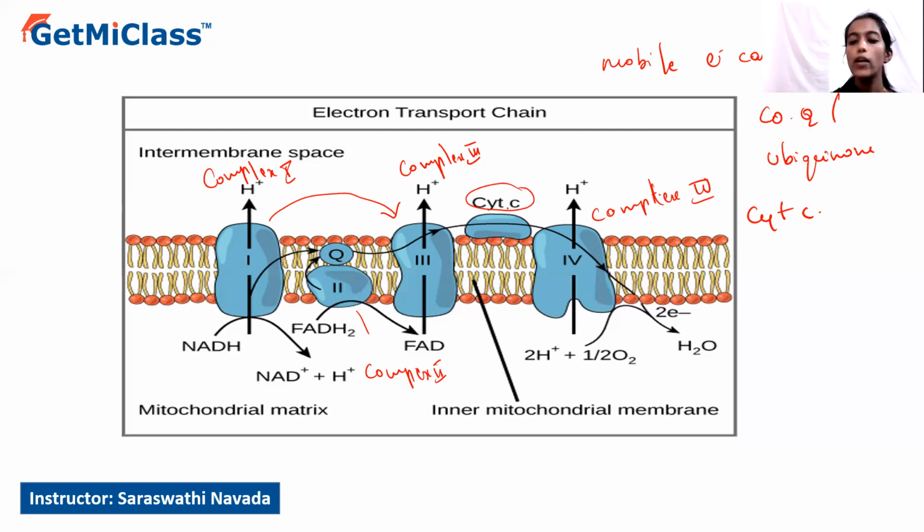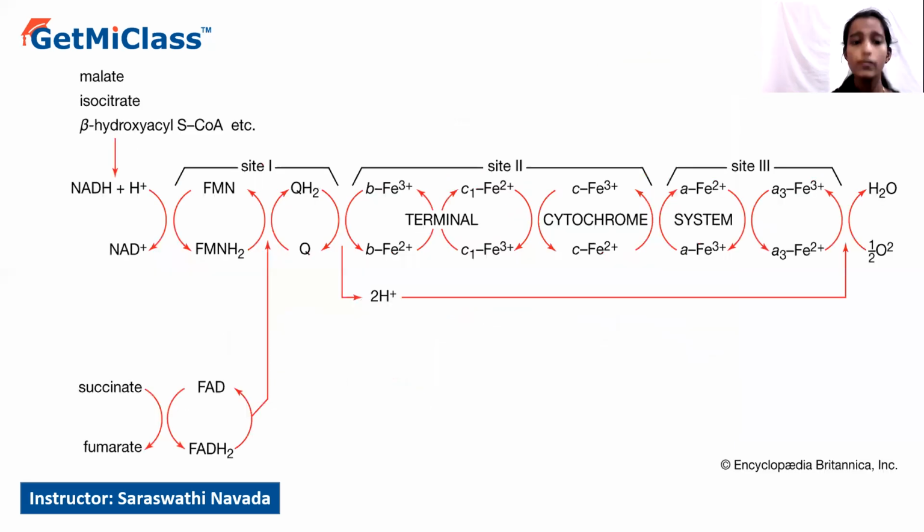Next we'll discuss the electron transport mechanism. As it is said, it is a metabolic pathway concerned with the reduction of high energy electrons from high energy compounds in order to release energy.